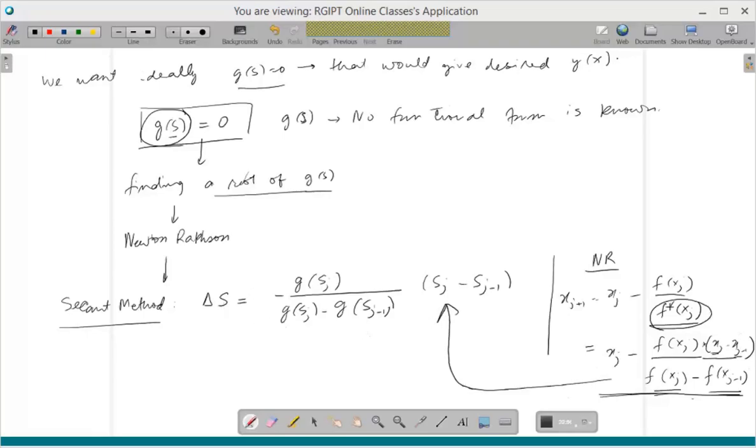So if you do not have the functional form available for a function for which you have to find a root, as is the case over here, in that case I can apply a slightly modified Newton-Raphson method called the secant method, and this is the scheme for that.